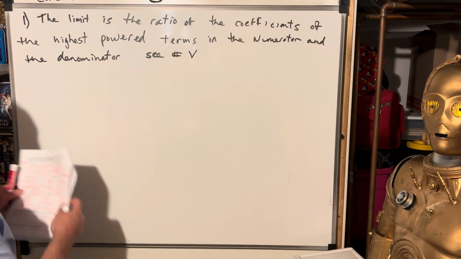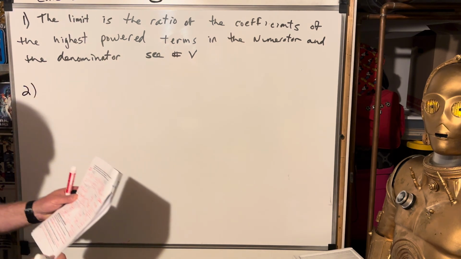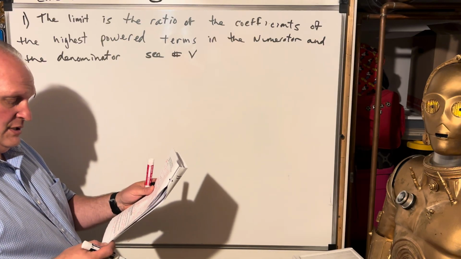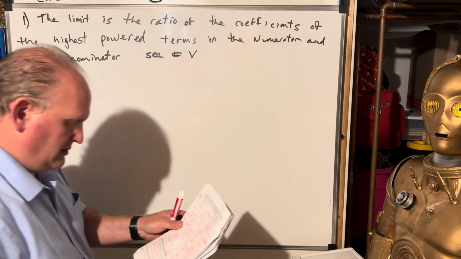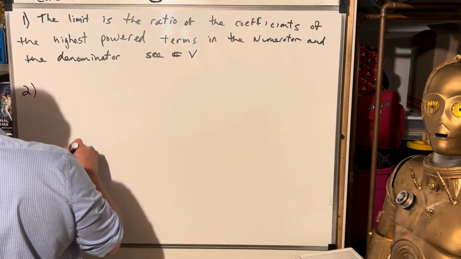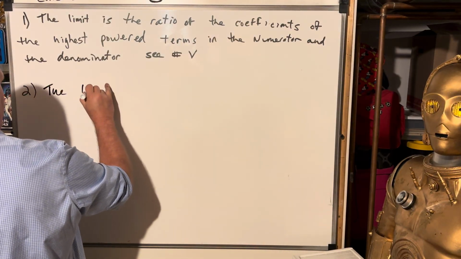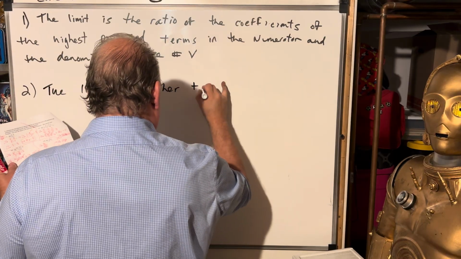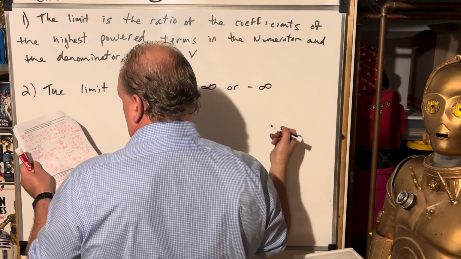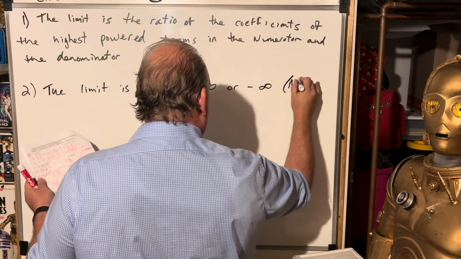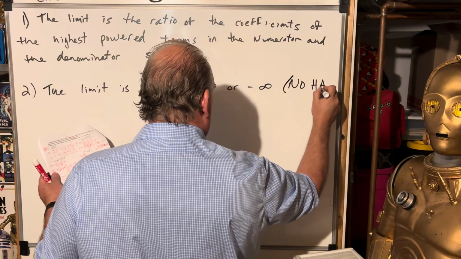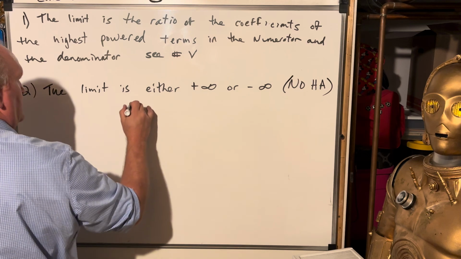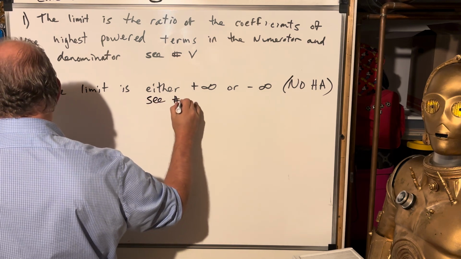All right, number 2. If the degree of the numerator is larger than the degree of the denominator, then the limit is either positive infinity or negative infinity, and there is no horizontal asymptote. And again, we could say C number 7.